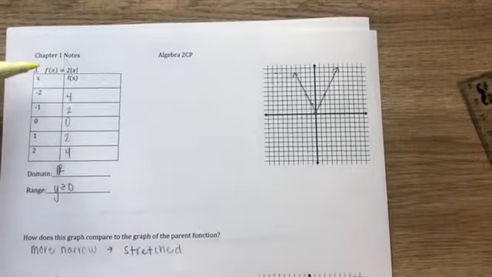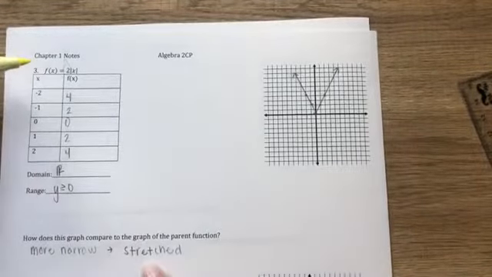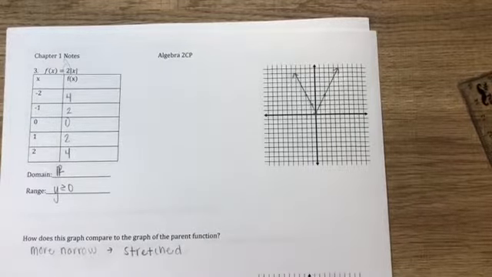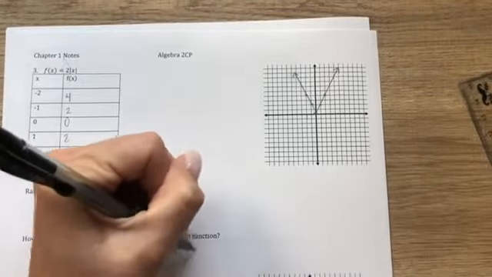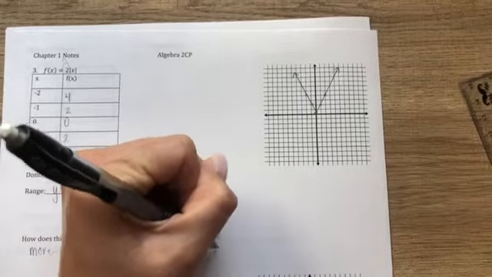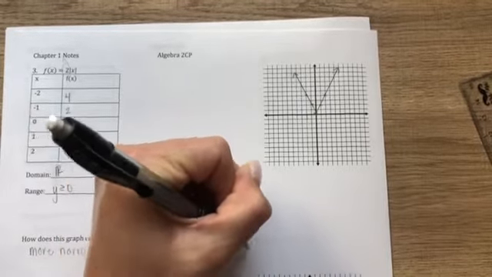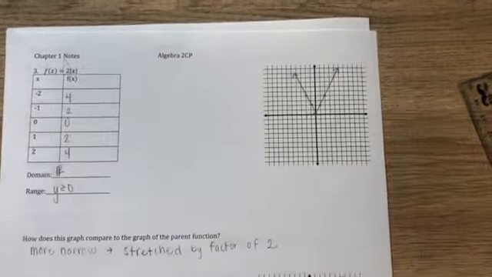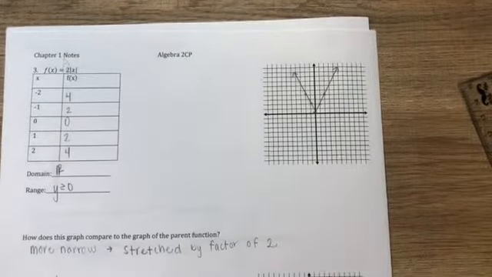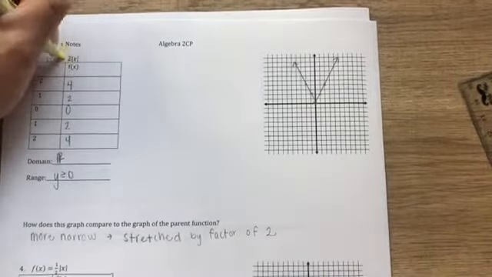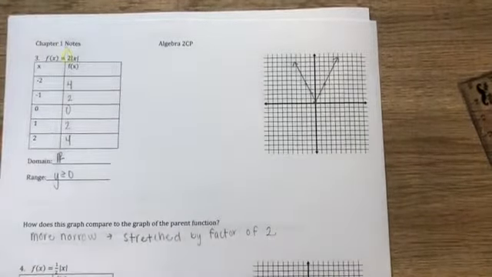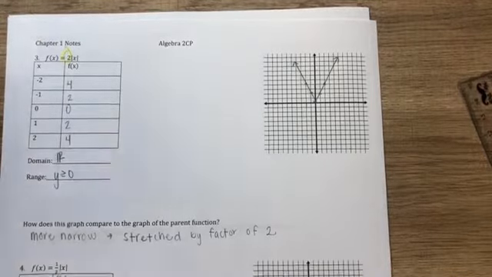For number 3, this graph got stretched, and I'm going to add that it was stretched by a factor of 2. And what stretched it by a factor of 2 was this 2 out in front of the absolute value bars, that 2 being multiplied by the absolute value.